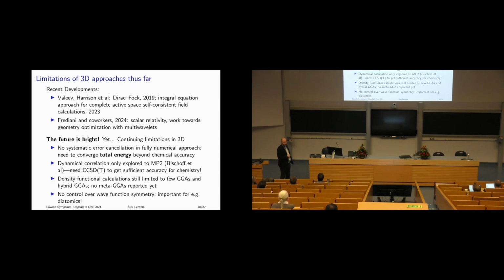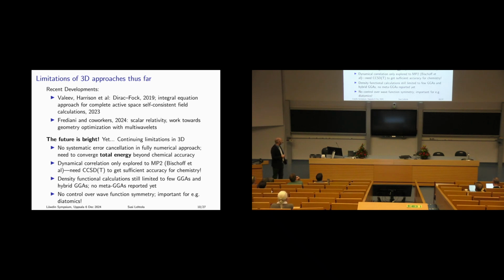We know that we need to go to high order coupled cluster theory to get really accurate reaction energies, and so far, these fully numerical approaches are limited to MP2. This dimensional explosion becomes really hard when you're trying to do correlated methods, because you have lots and lots of virtual orbitals. The DFT calculations I mentioned are still limited to generalized gradient approximations and hybrids. They haven't done any meta-GGAs.